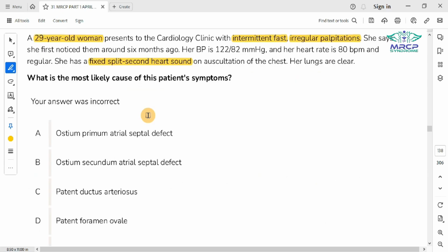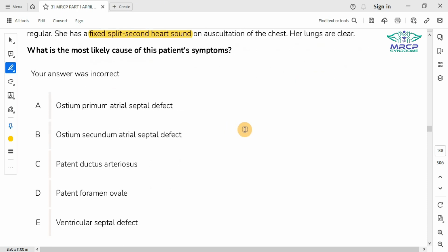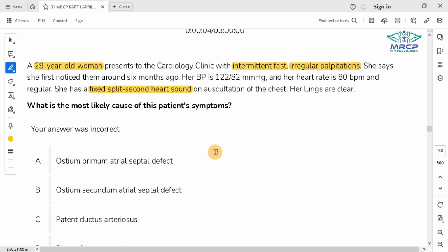What is the most likely cause of the patient's symptoms? Ostium primum ASD, ostium secundum ASD, patent ductus arteriosus, patent foramen ovale, and VSD. A 29-year-old woman presents to a cardiology clinic with intermittent fast, irregular palpitations.